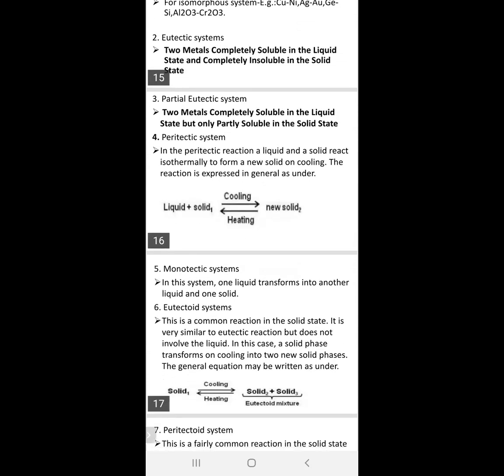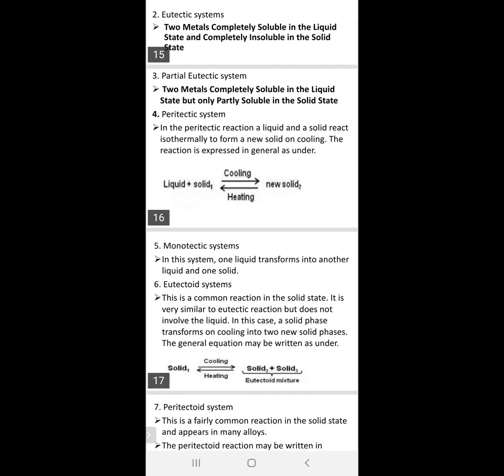Next one is the peritectic reaction system. In a peritectic reaction, a solid and a liquid react isothermally, that is at constant temperature, to form a new solid on cooling.